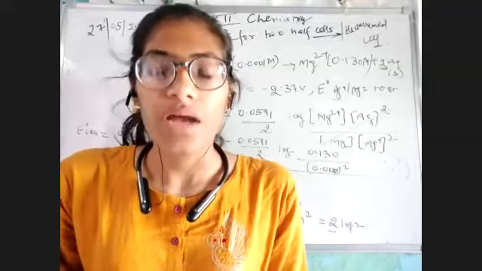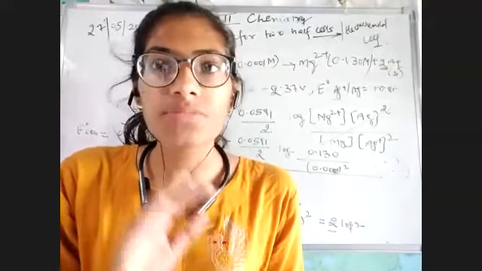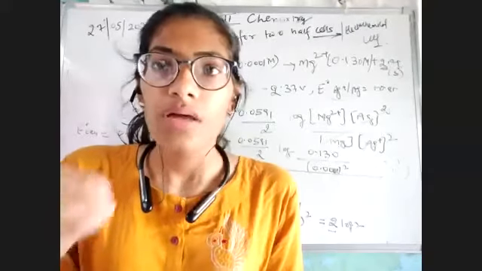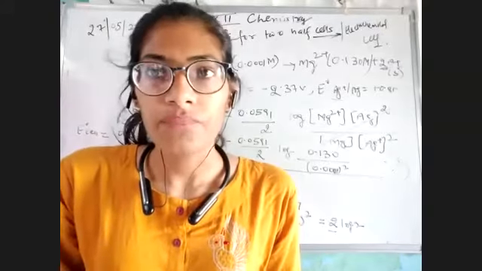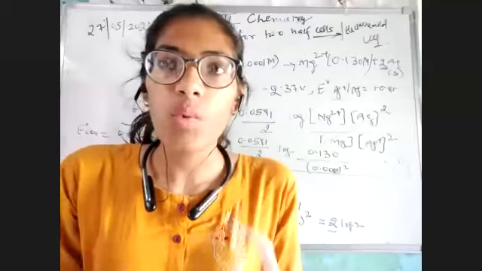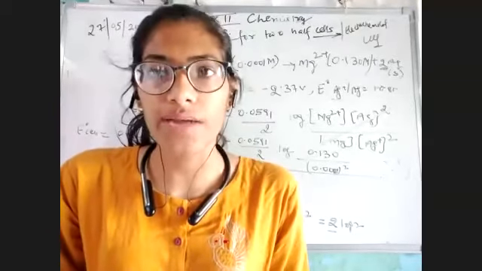I have already told you, bache, in electrochemistry there is much less probability of a question coming in theoretical form. The only theoretical question is like this: what would be the effect of dilution on the conductivity of strong and weak electrolytes.